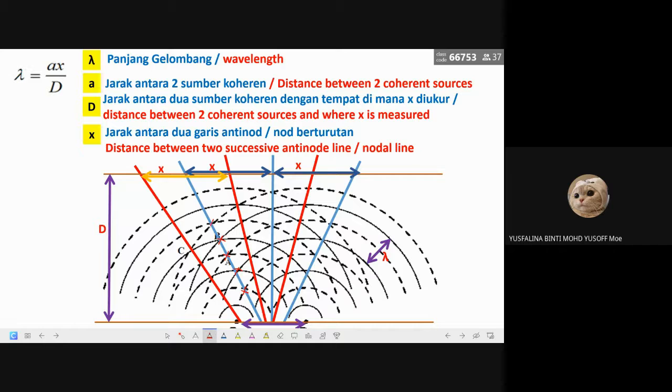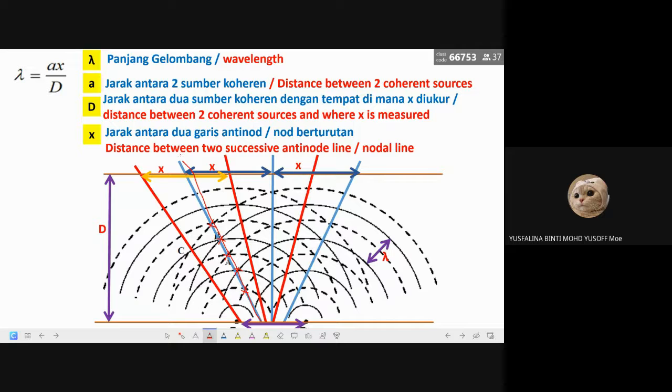And this is trough meets trough, also constructive. So I will underline all the points here, and this becomes the antinode line. I connected all the constructive interference, and when it becomes one line, we call it the antinode line.